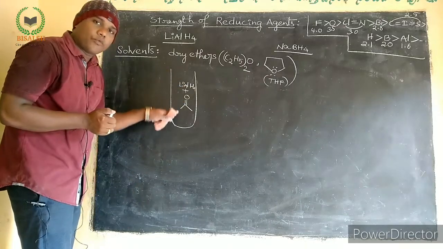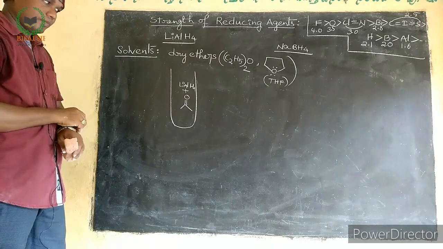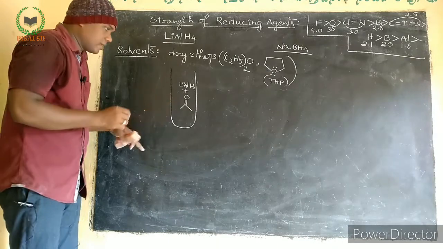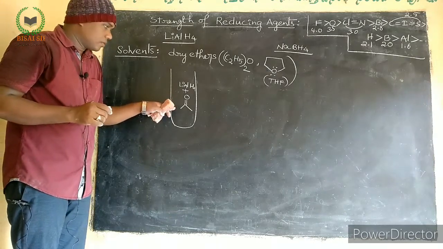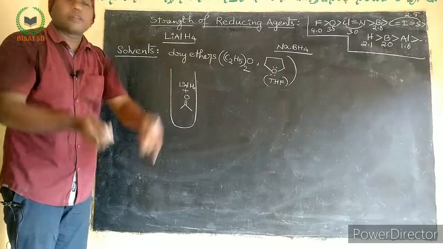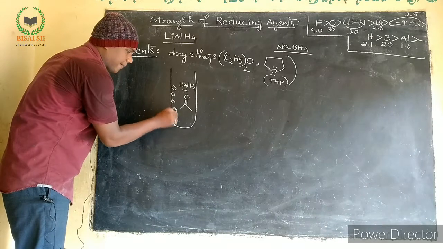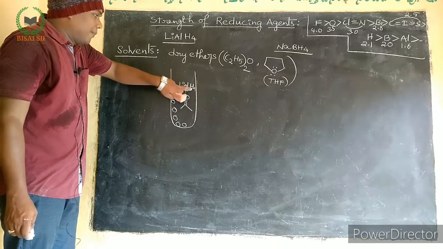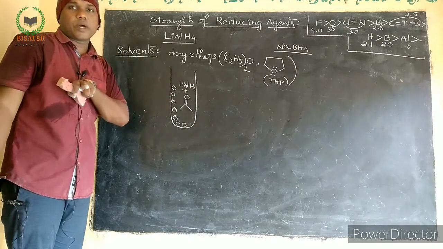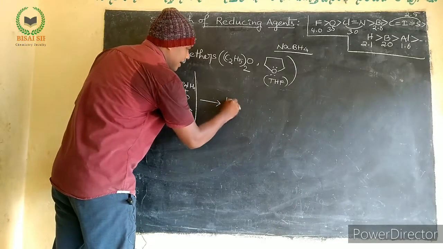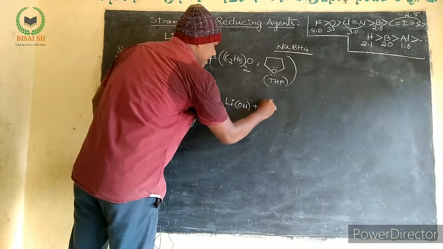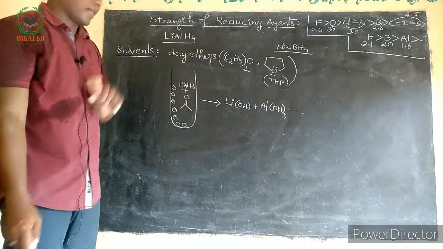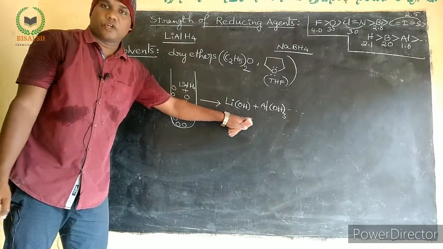If along the walls of the flask there are any water molecules present, then first this lithium aluminum hydride will react with these water molecules, correct? Then some LiOH plus Al(OH) taken thrice, etc. products will be formed, correct? Then that reaction will be forbidden.